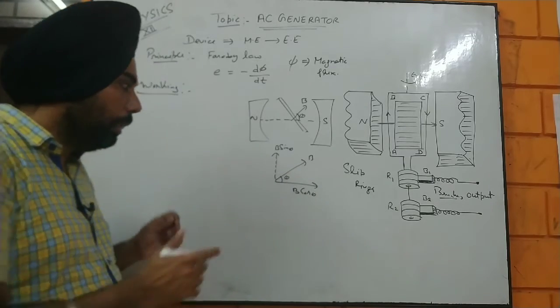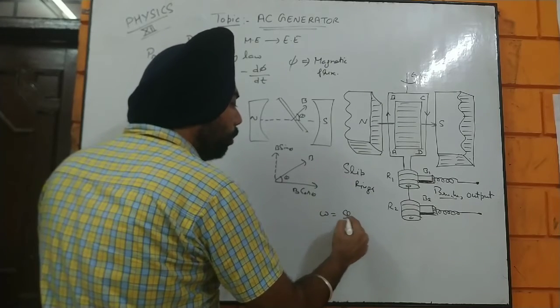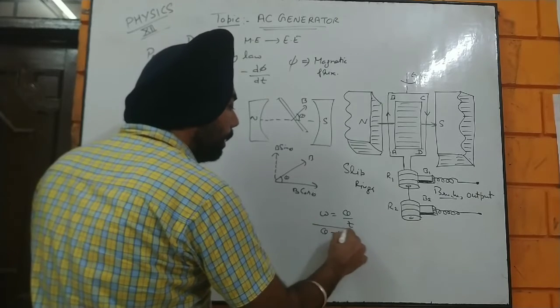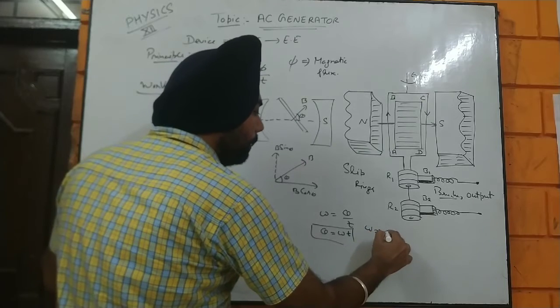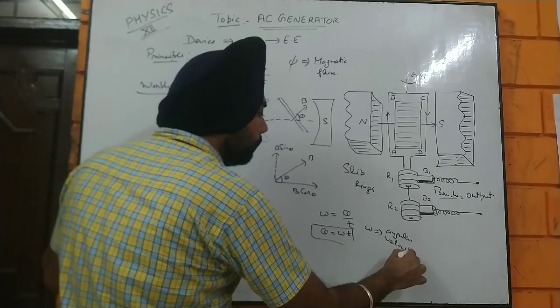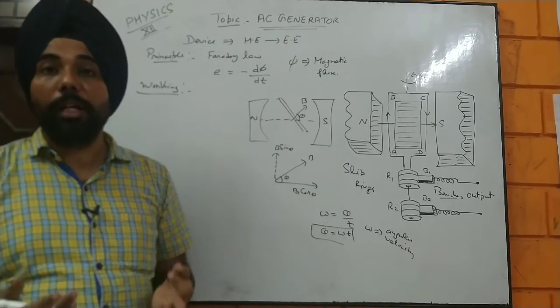And as you know, angular velocity is angular displacement over time, which means theta is equal to omega t, where omega is angular velocity. So instead of theta, we can also use omega t here.